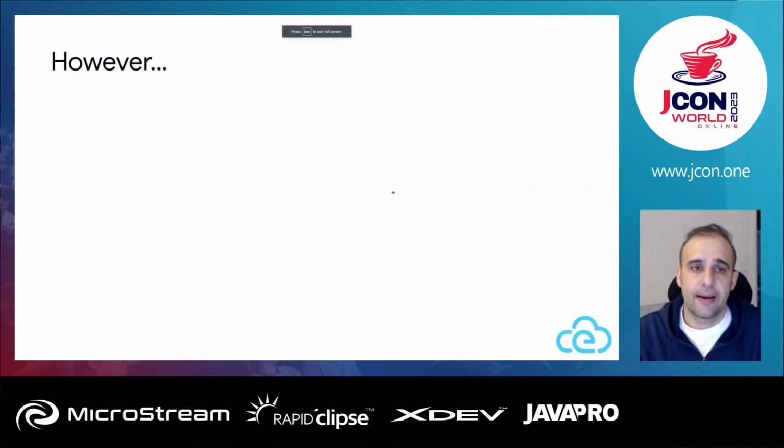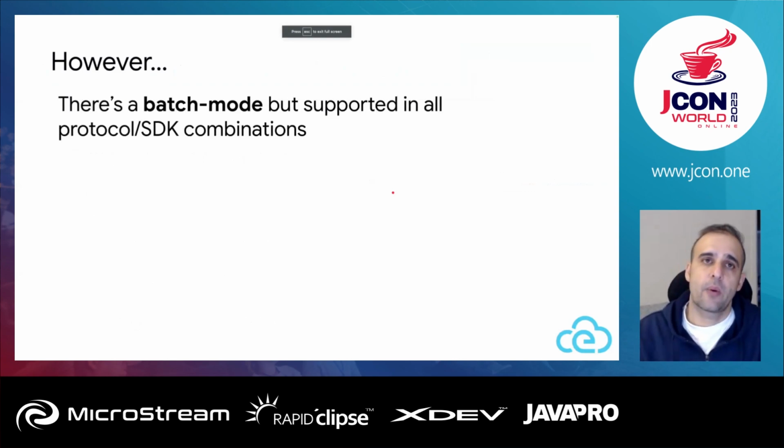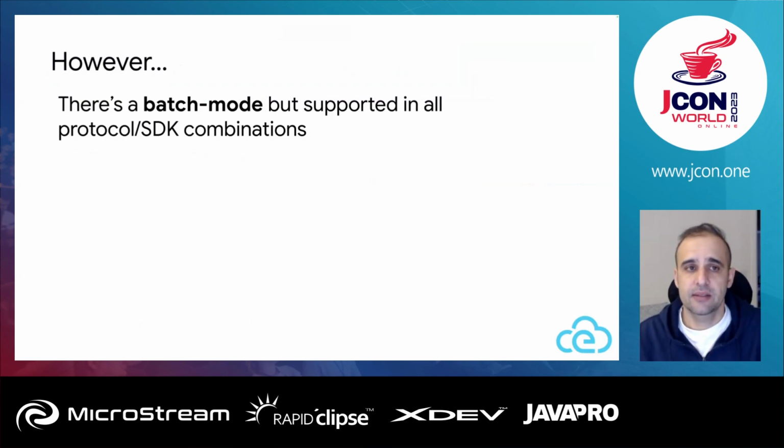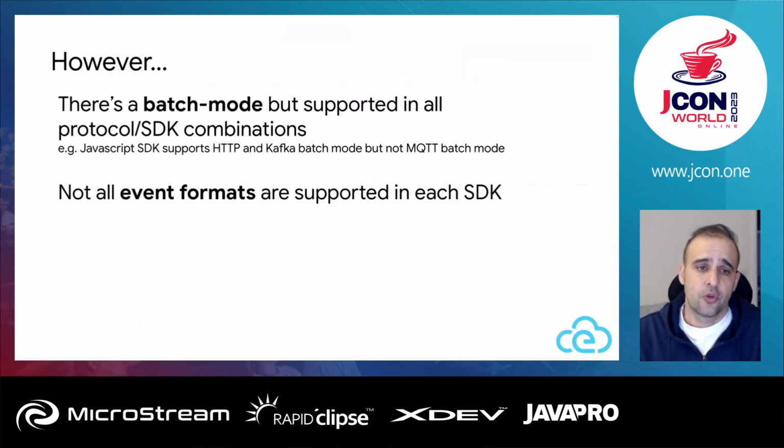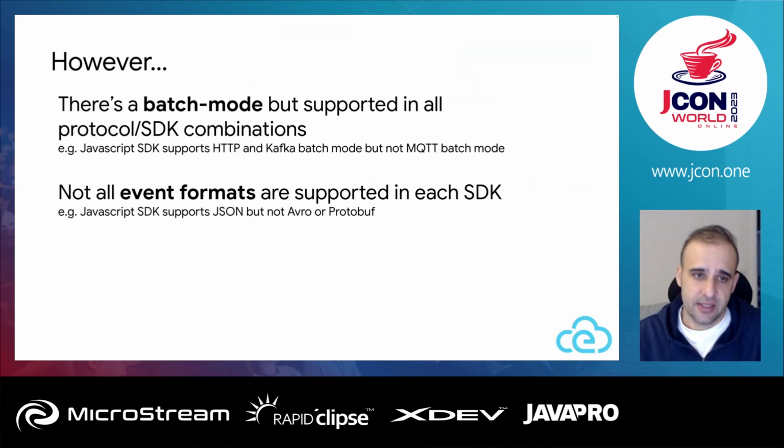All right, but you need to be aware that in CloudEvents, there's a batch mode where you can send multiple events, but it's not supported in all protocol and SDK combinations. Just to give you an example, the JavaScript SDK supports HTTP and Kafka batch mode, but it doesn't support MQTT batch mode. Not all event formats are supported in each SDK.